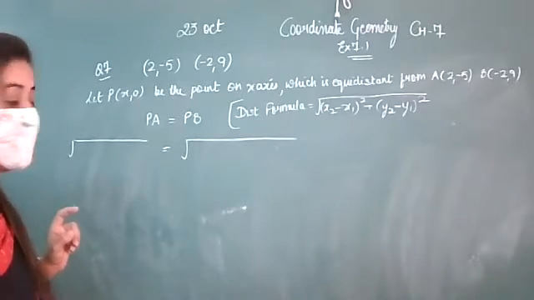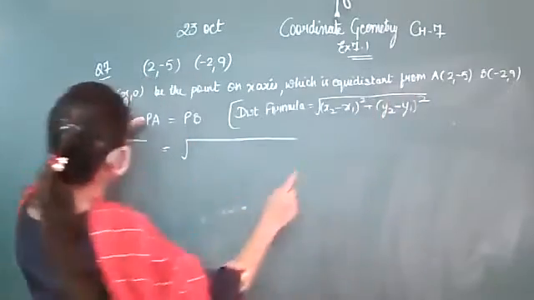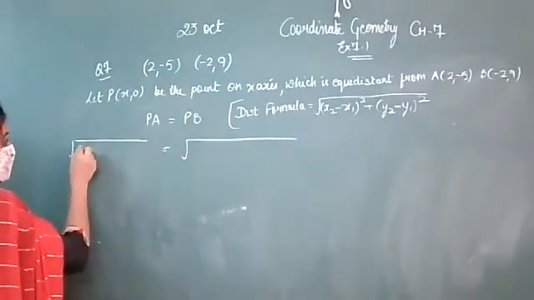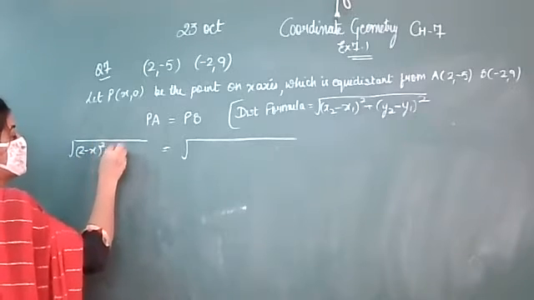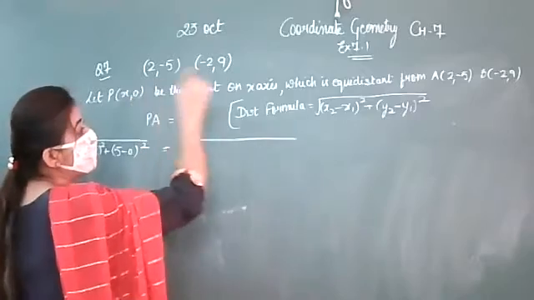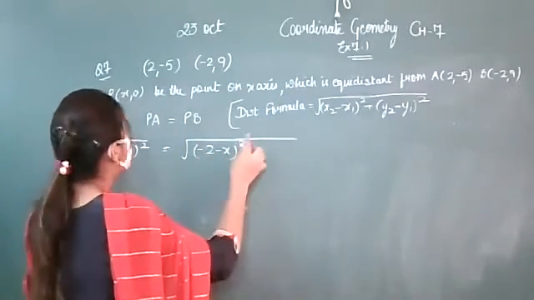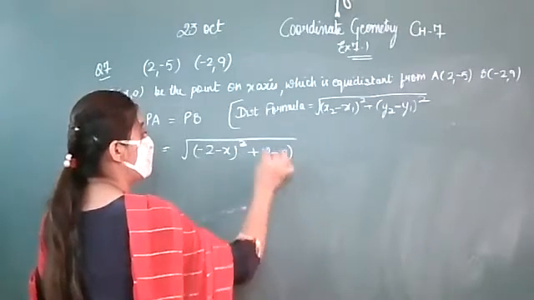When you apply the formula on PA, this is your x1, y1, this is your x2, y2. So, your answer will become root of (-2 minus x) whole square plus (-5 minus 0) whole square. Now, apply the formula on PB. This will give you root of (-2 minus x) whole square plus (9 minus 0) whole square.